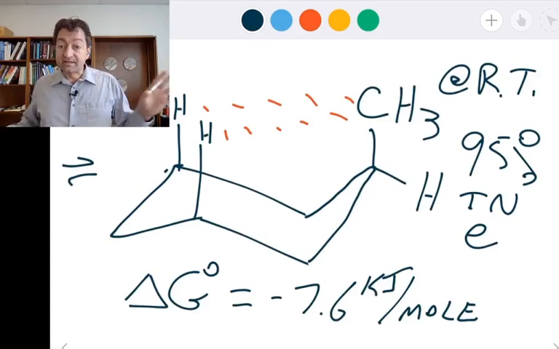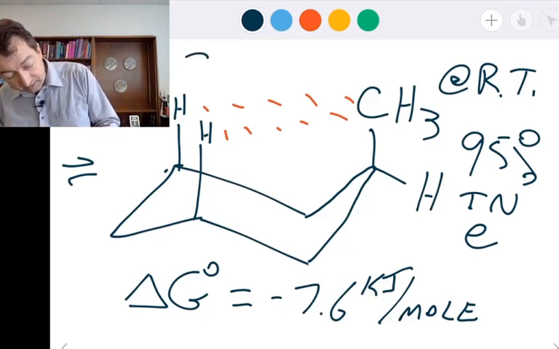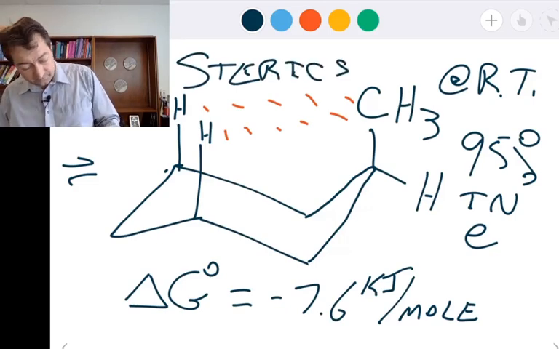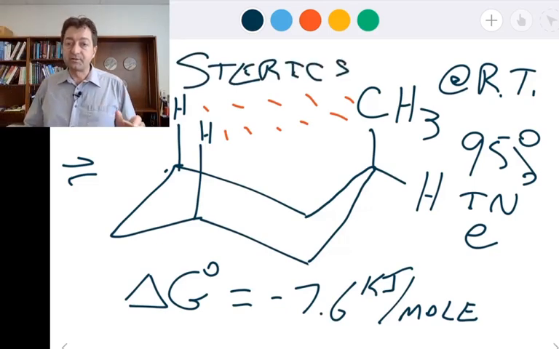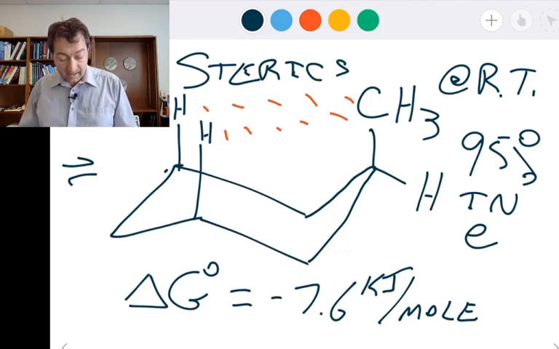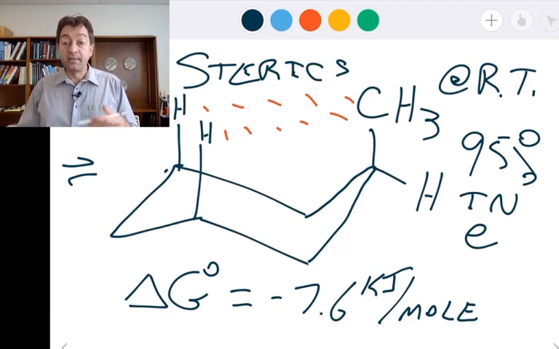So that small energy difference has a big influence. And this is all purely sterics, with that 1,3 diaxial interaction between the methyl group and the atoms that are 3 atoms away, but they still have enough of an interaction that we can observe this energy difference between the 2 of them.